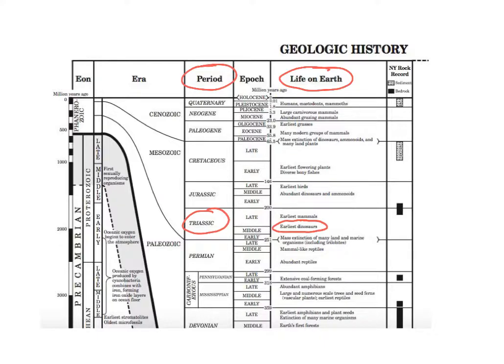The late Triassic time period is up here, and the early Triassic period is down here. Remember, time is starting here at the bottom and going upward. So it's kind of weird to think about, this is when the Triassic time period started, and this is where the Triassic time period ended, right? Because we're going up in time.